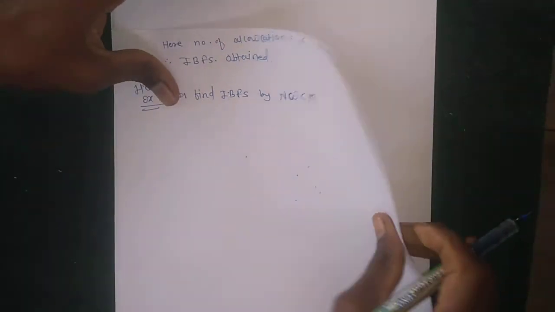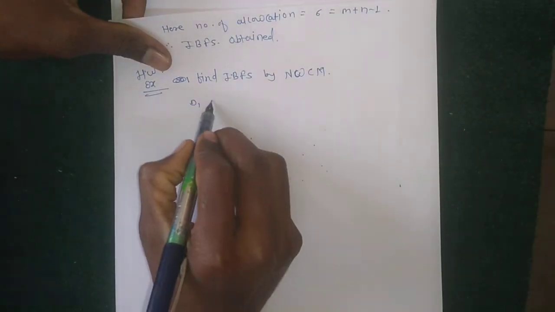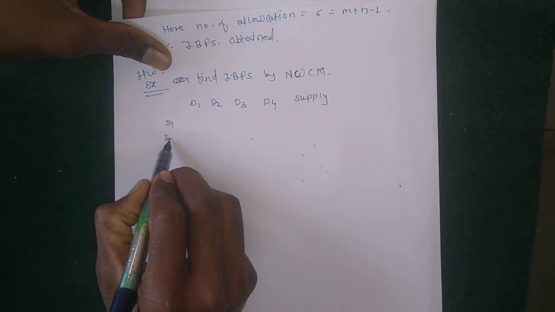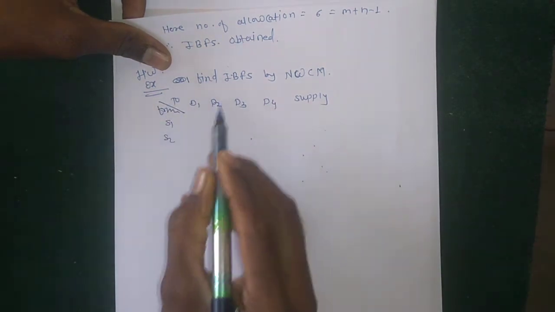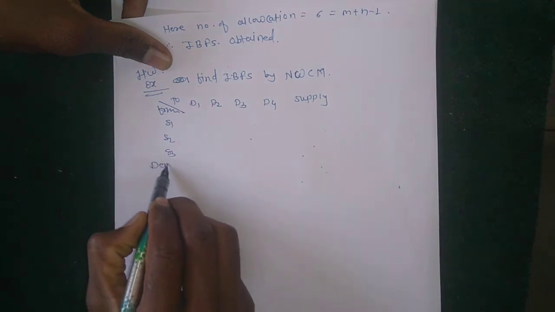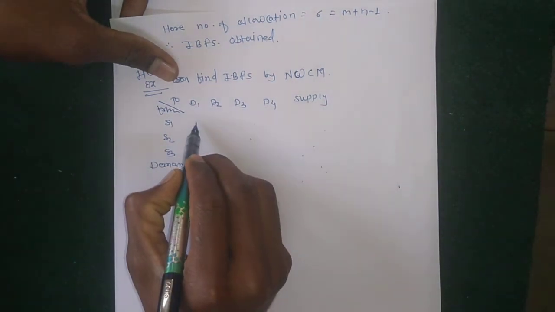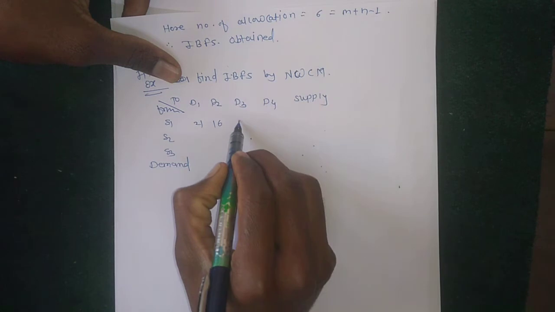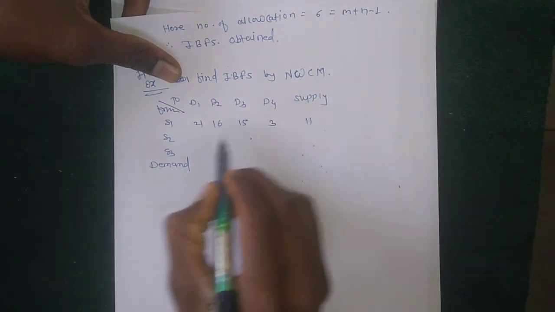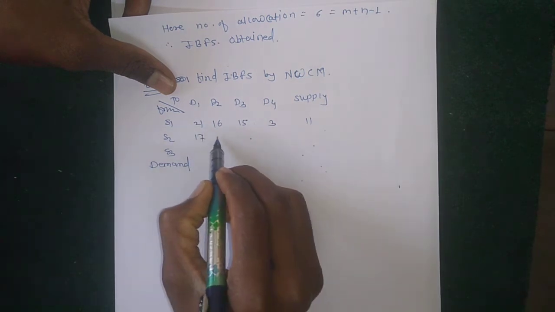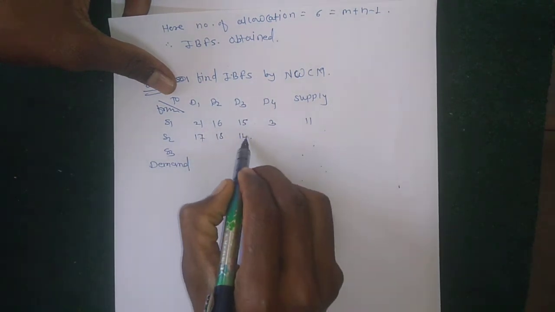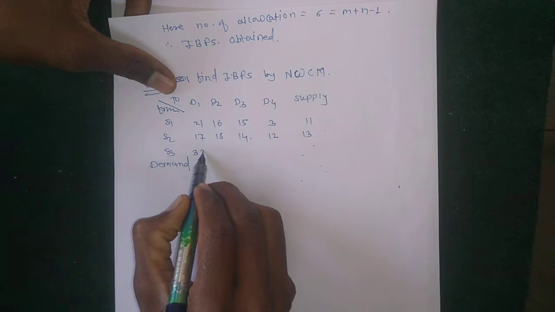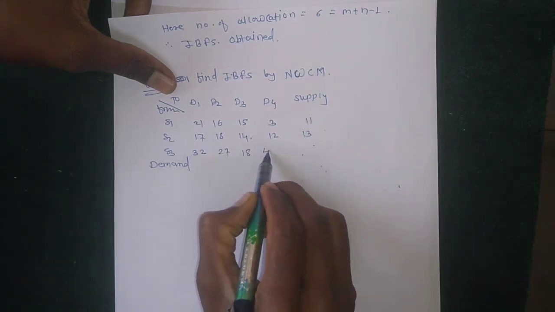Okay, so the example: take D1, D2, D3, D4 for demand, and S1, S2, S3 for supply. The values for the S1 row are 21, 16, 15, 3, 11; for the S2 row 17, 18, 14, 12, 13; and for the S3 row 32, 27, 18, 41.